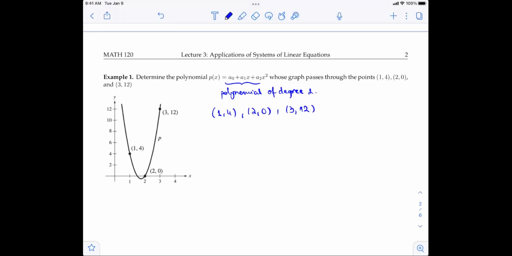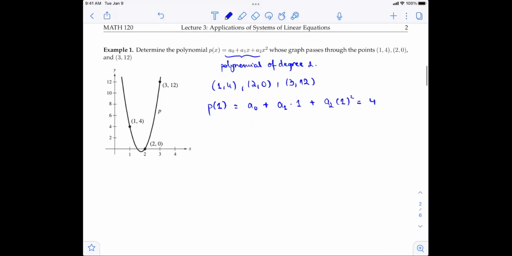So P of 1, because for this point the first component is 1, so x equals 1: P of 1 is a0 plus a1 times 1 plus a2 times 1 squared, equal to 4. For the second point, P of 2 is a0 plus a1 times 2 plus a2 times 2 squared, equal to the output, which is 0 in this case.